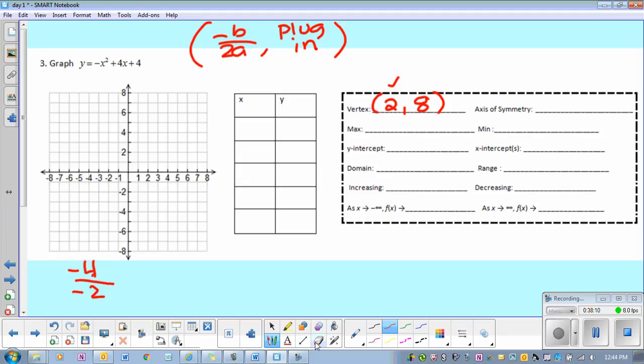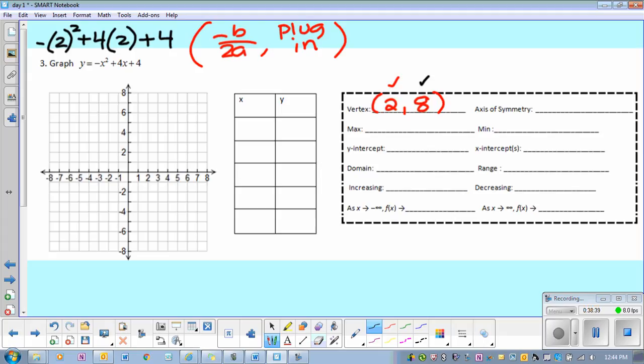So then what do we have? Negative 2 squared plus 4 times 2 plus 4. Is that 4? No, because your parentheses go around the 2.